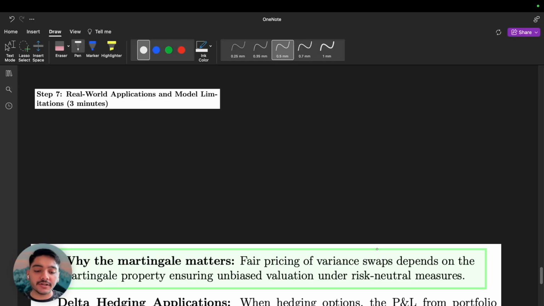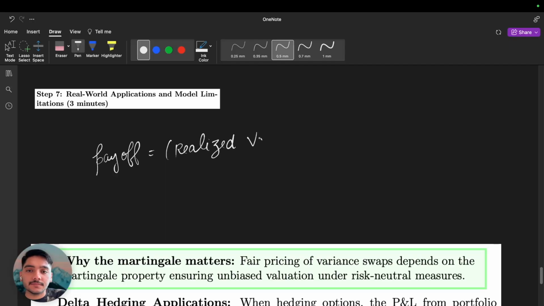In variance swap contracts, traders exchange realized variance for a fixed strike. The payoff is equal to realized variance minus K variance, times the notional.